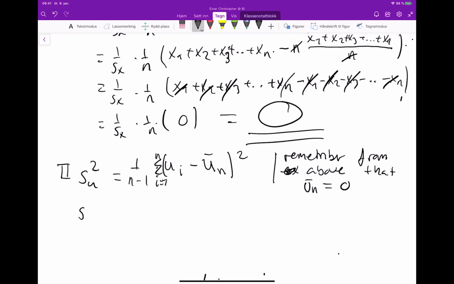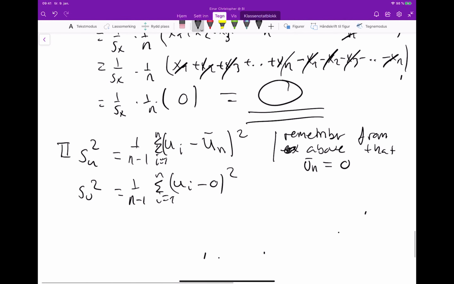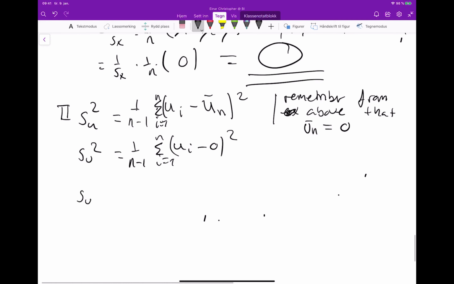So instead of writing what I just wrote, I can write it like the following: ui minus 0 in the power of 2. And that makes everything much easier, because now we have su in the power of 2 equal to 1 divided by n minus 1 times the sum i equal 1 to n ui in the power of 2.